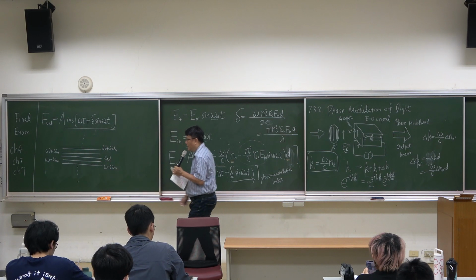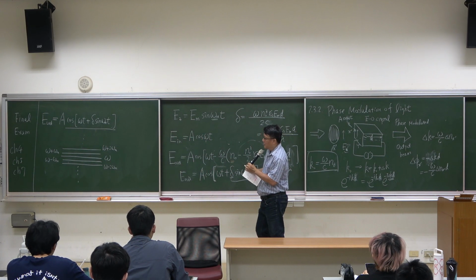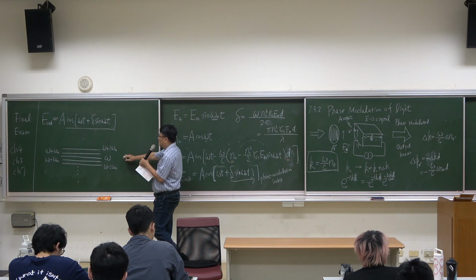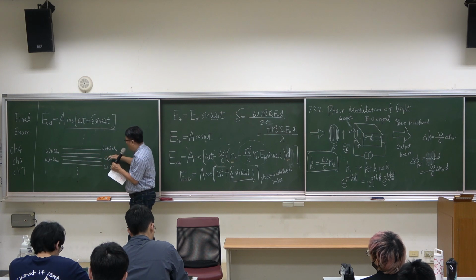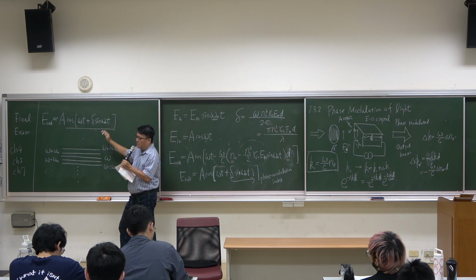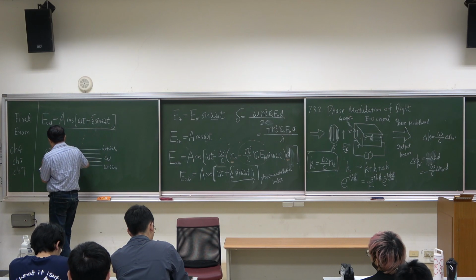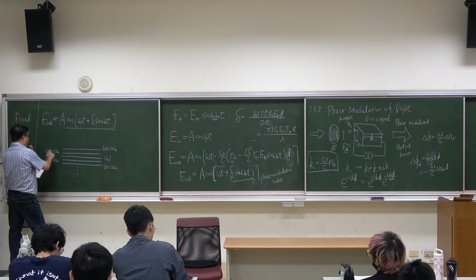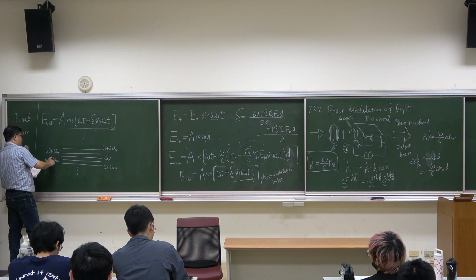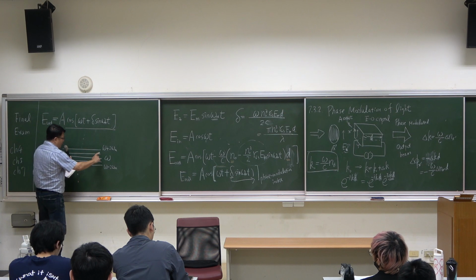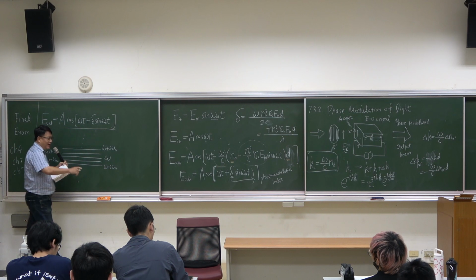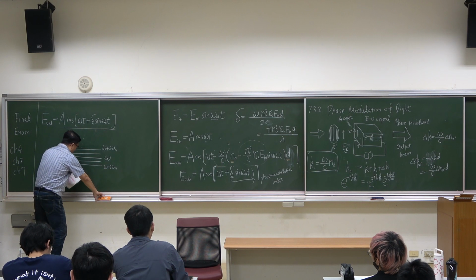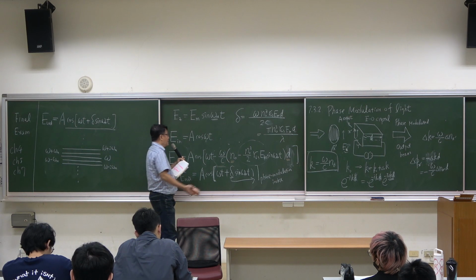We will have many such different terms. This term has the largest amplitude, with some side bands having the frequency omega plus omega m, omega minus omega m, omega plus 2 omega m, omega minus 2 omega m, etc. How to understand this?